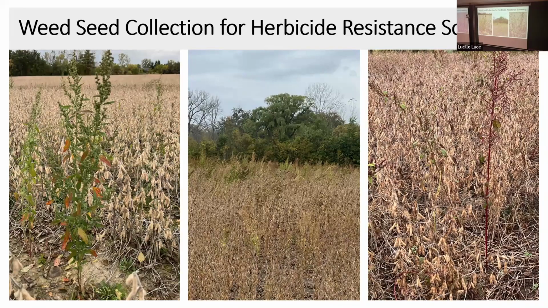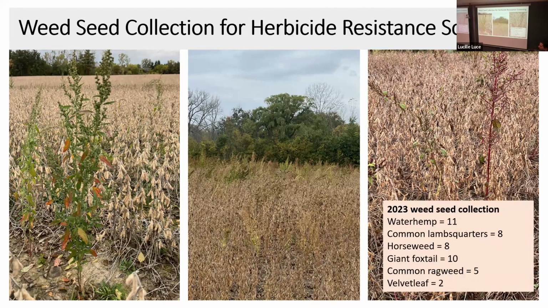So moving forward, what my program is looking at is collecting weed seeds, especially these waterhemps, common waterhemp, horseweed, foxtail, common ragweed, and velvetleaf across these field crops, and trying to characterize the distribution of herbicide resistance or multiple herbicide resistance in these populations across the state. Because if we know the distribution, we can plan or develop programs to manage those populations in those different situations.